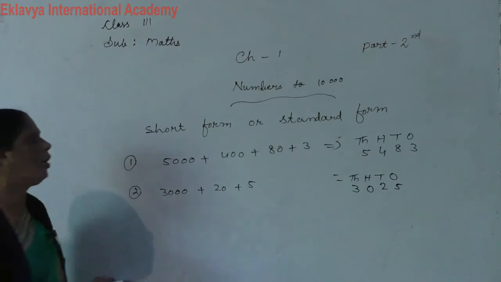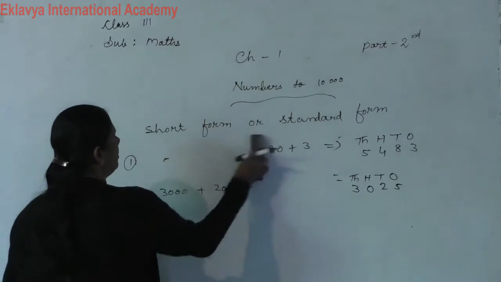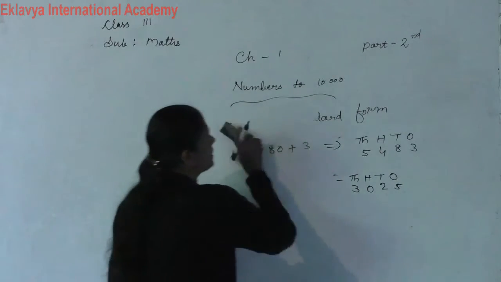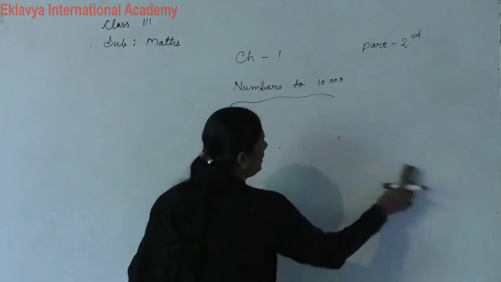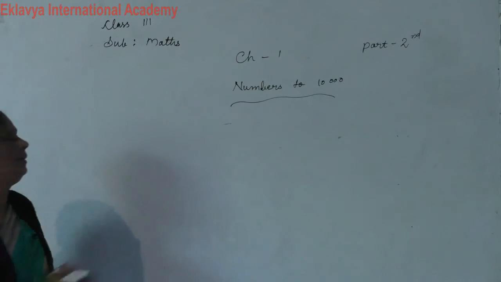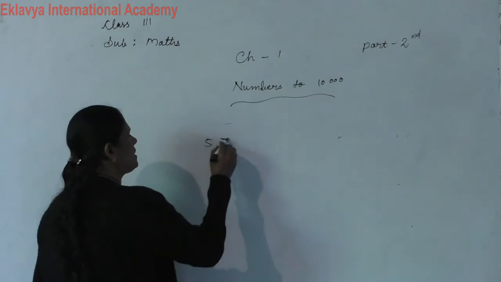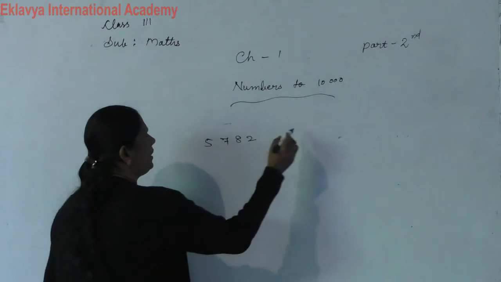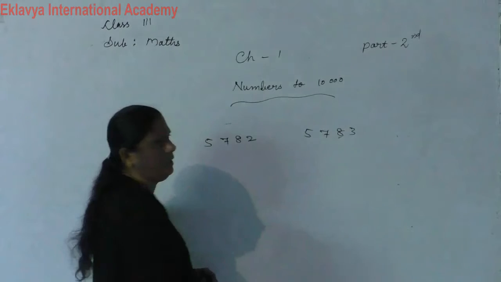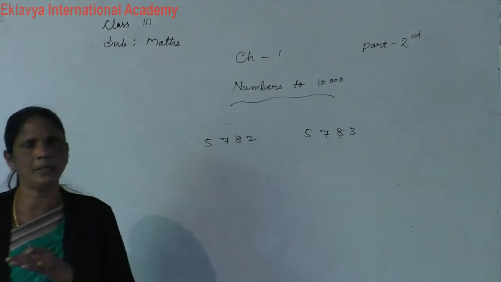Next, ordering of numbers. First you write the comparing numbers. 5782 here, 5783. Which number is greater or less?